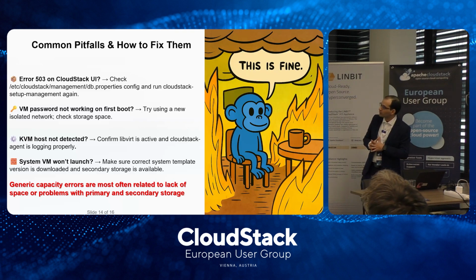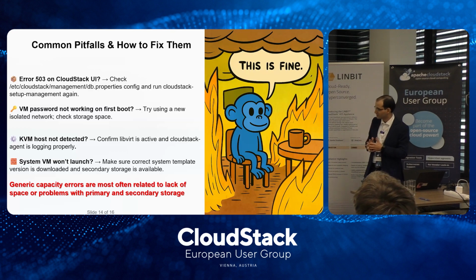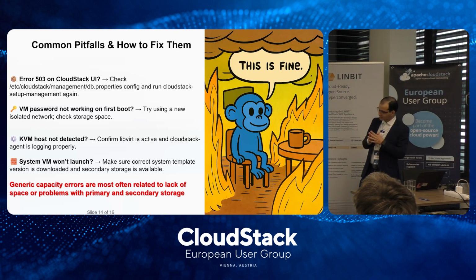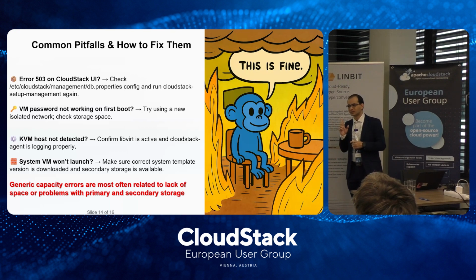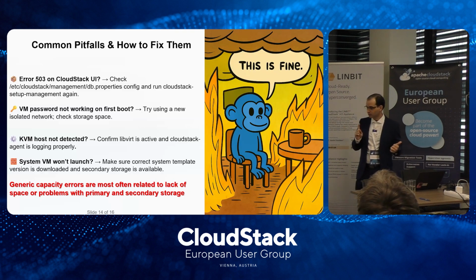Another problem with KVM hosts is that sometimes they are not detected. This seems pretty obvious, but yes, you need to confirm that libvirt is active and running. Another way to test this is with Cockpit, which I was talking about before.